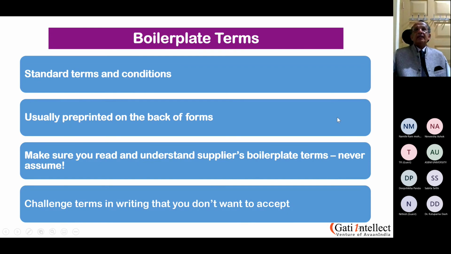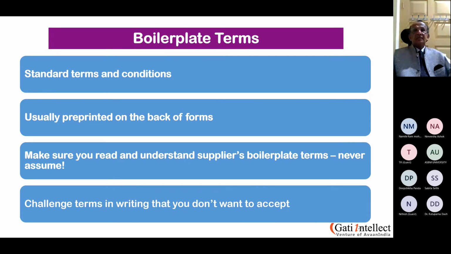Right, this comes our famous friend, boiler terms. This is my favorite subject because in my experience, this is where the consignees or the buyer can be taken for a jolly good ride by the suppliers, especially if they are very dominating, like the Europeans or the Americans.